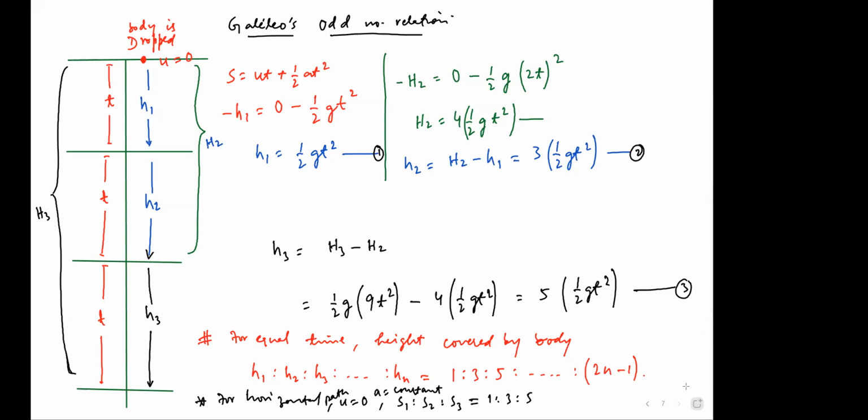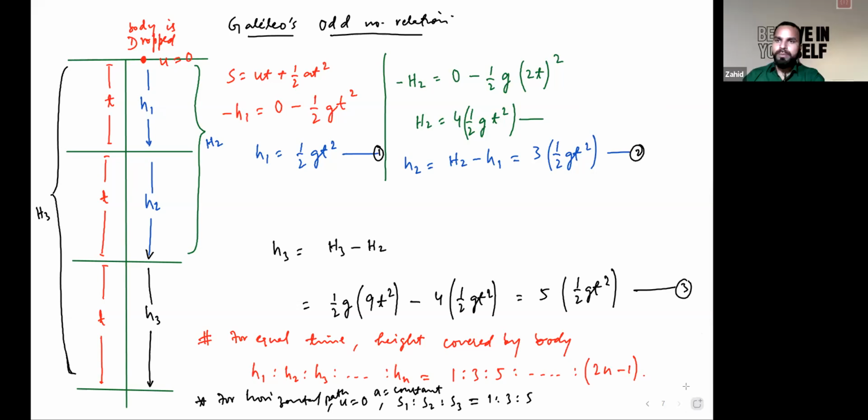Done, sir. Okay. Similarly, I'm giving you one more relation related to this. Let's say a body is dropped from some height, and you have to calculate the ratio of time to cover equal height.